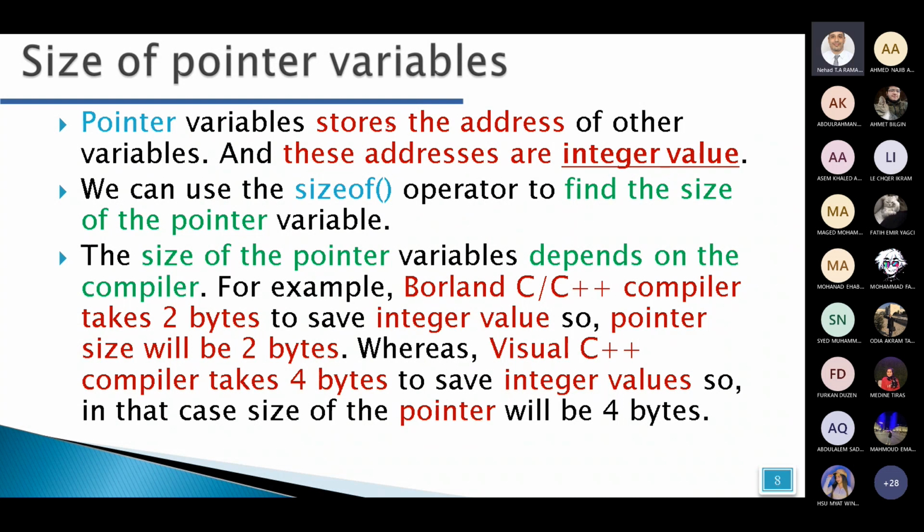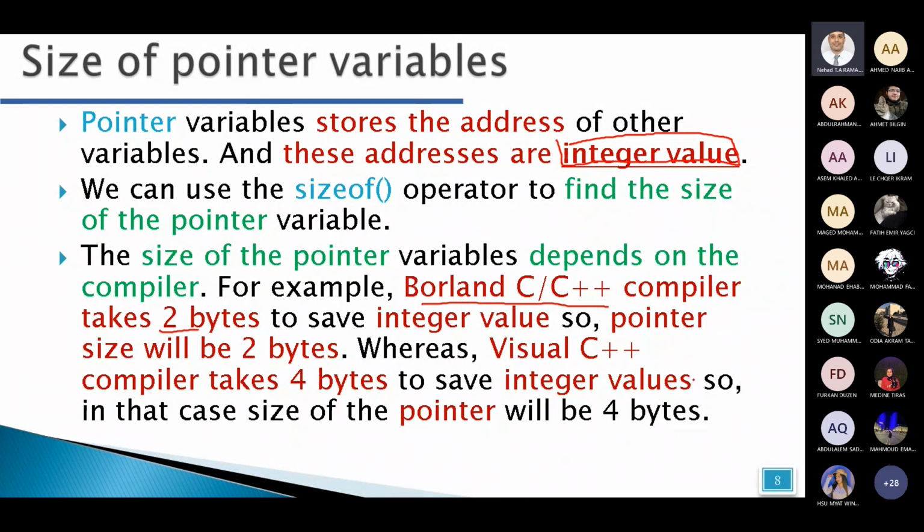So we said that pointers store the address of other variables, yes? And the address of a variable is an integer value. And we said that this size is different from one compiler to another. For example, the integer value in Borland C compiler, which is an old type of compiler, takes 2 bytes.